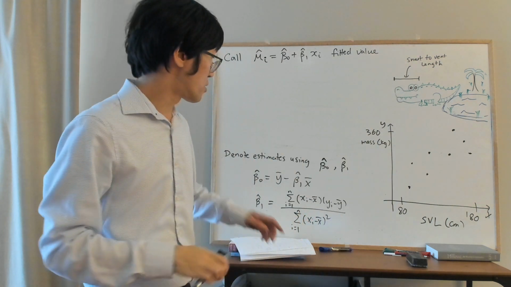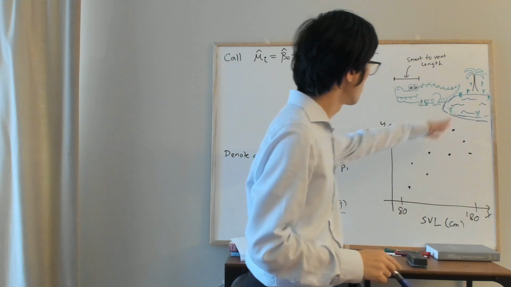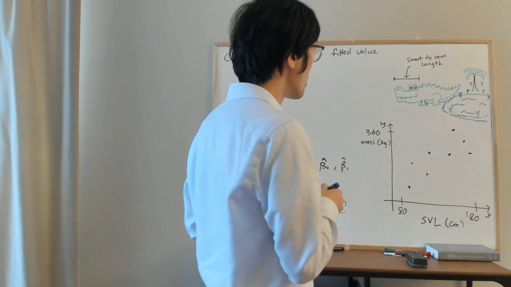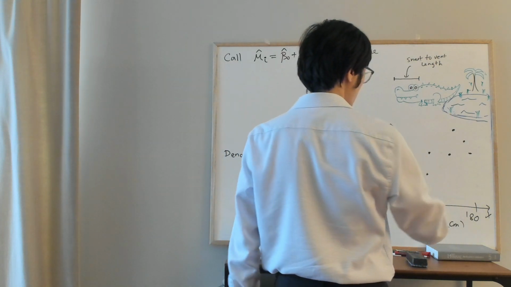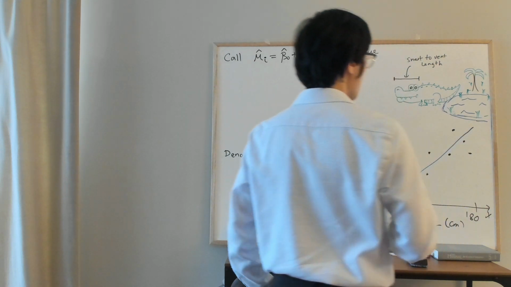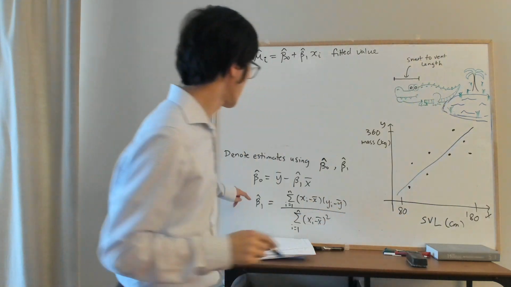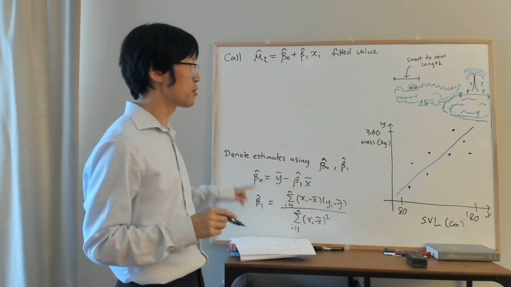Okay, so I'm going to use this plot to demonstrate. Suppose we fit a line through these points. Let's add what reasonably looks like a line. This line would be represented by what we just calculated.